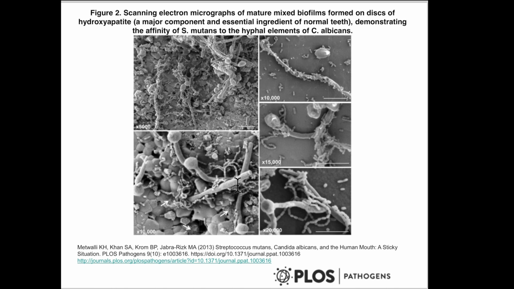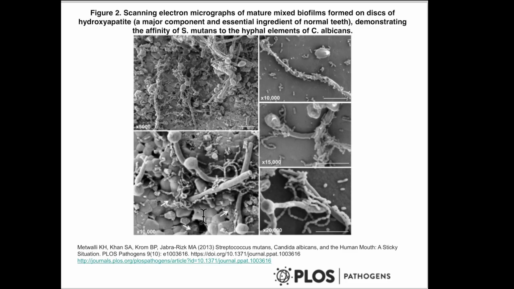And so what this is showing is an intimate association again in the kind of simulated tooth. But also what I think is fascinating about this image is what they're showing in the white arrows here, and also, although they're not showing the white arrows, if you look at this area, there are these holes in the hydroxyapatite, and the authors of this paper, the scientists, believe that those holes are actually from the acid that's being formed.